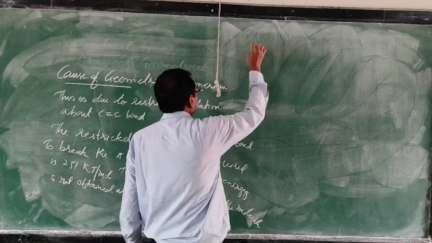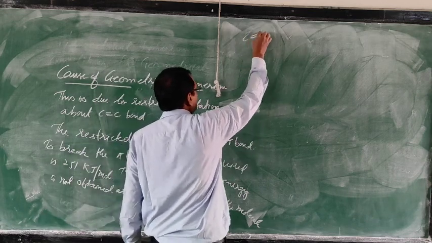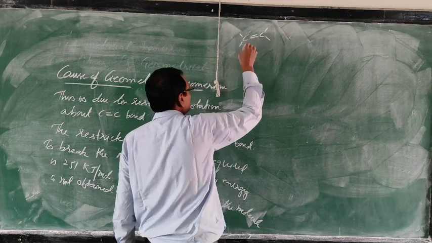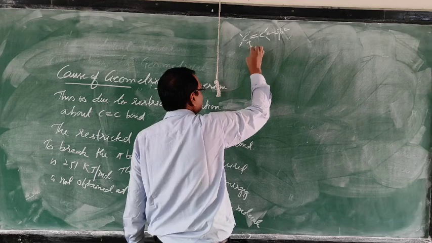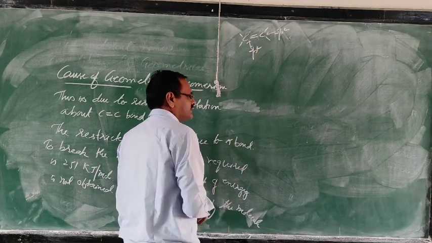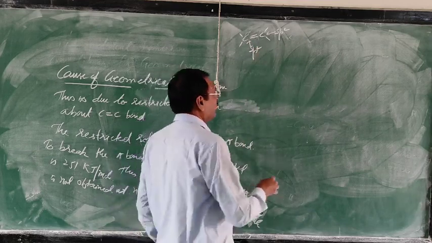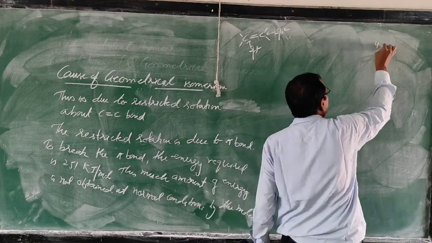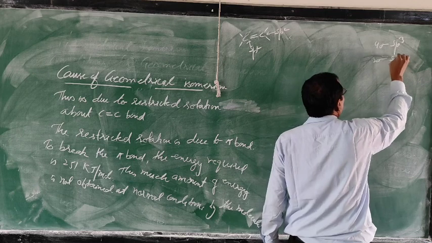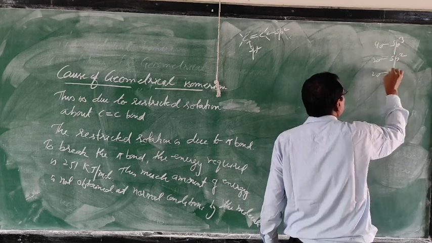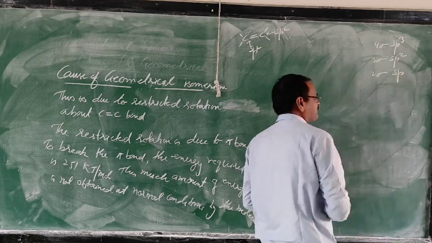You know that in an alkene, this carbon-carbon double bond is there. So this carbon atom is sp2 hybridized. One rule is there: 4 sigma bonds sp3, 3 sigma bonds sp2, 2 sigma bonds sp.